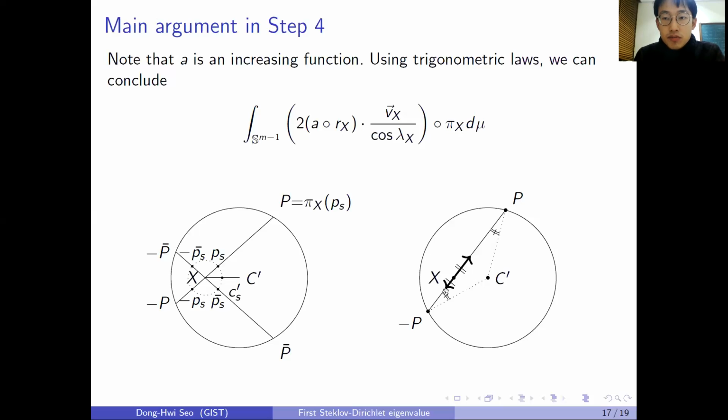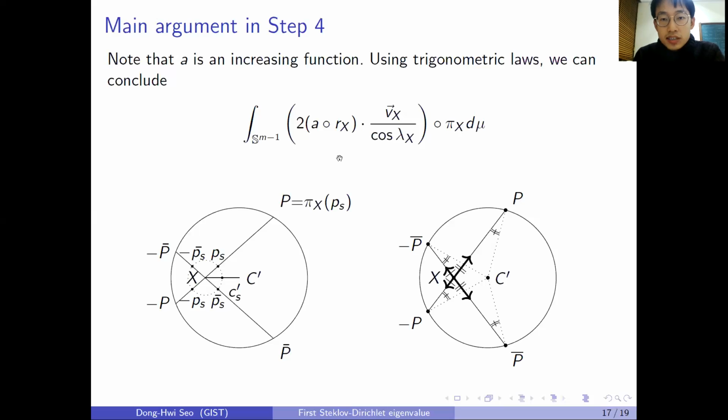And then if we consider the other 2 points, we obtain that the sum of the integrands at these 4 points becomes a vector starting from x toward the c prime.